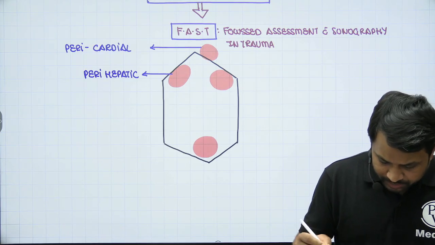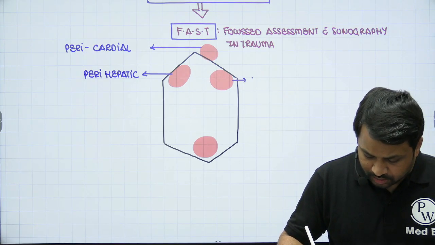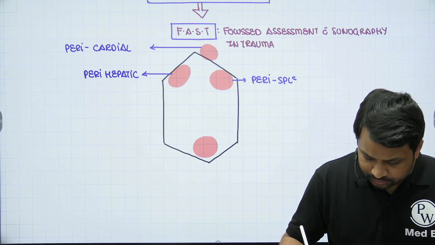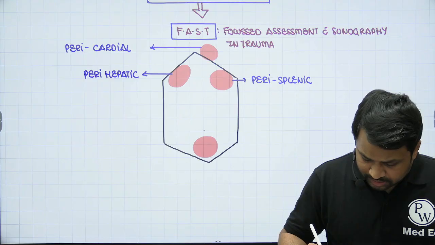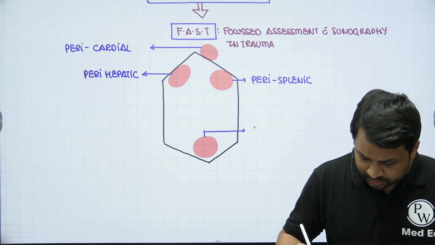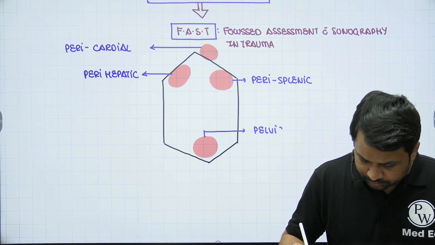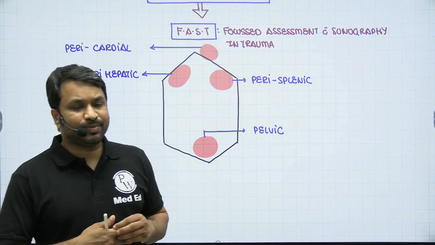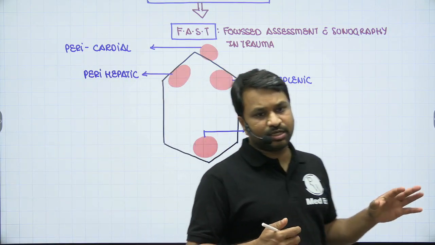This is your pericardial. This is your perisplenic. And this happens to be pelvic. So the pericardial, the perihepatic, the perisplenic, and the pelvic are the sites where you would like to assess.